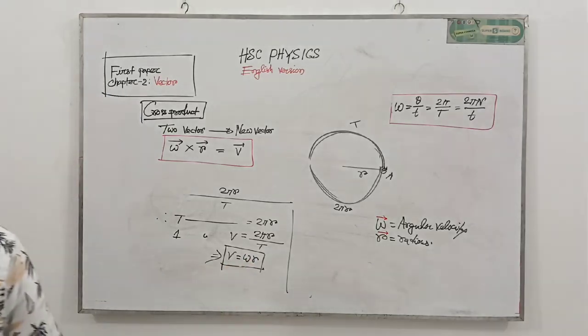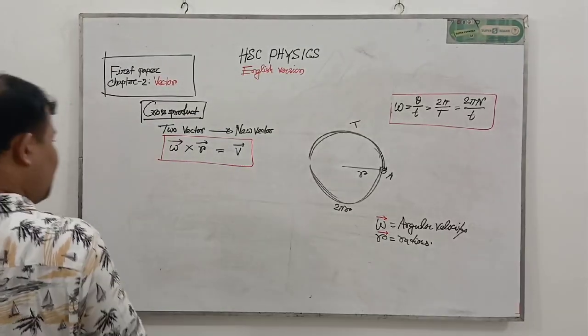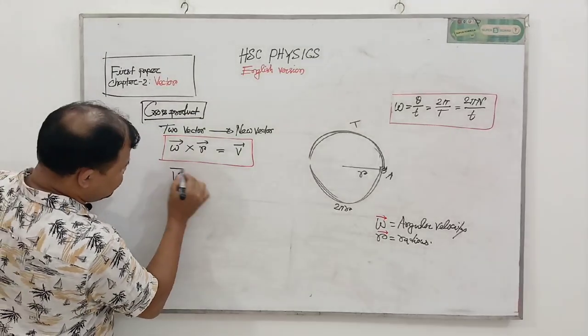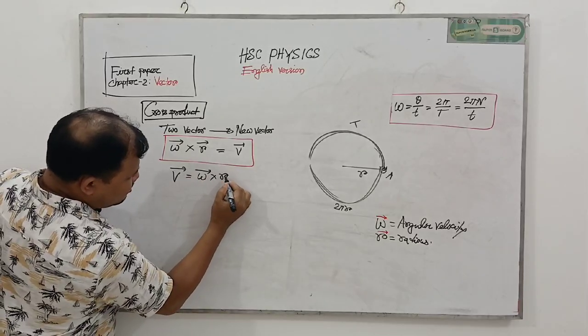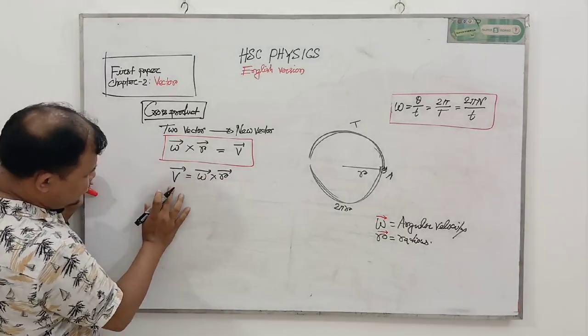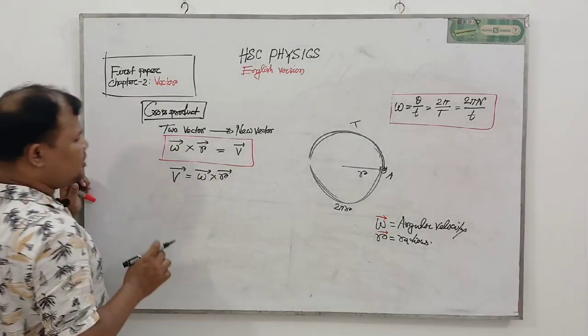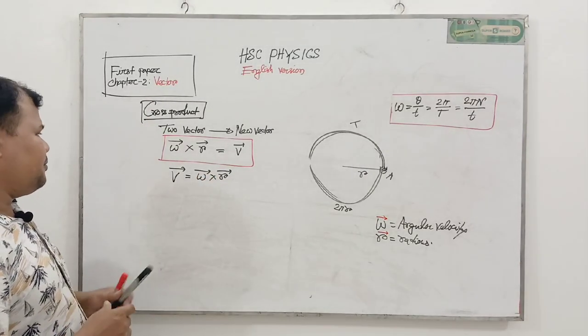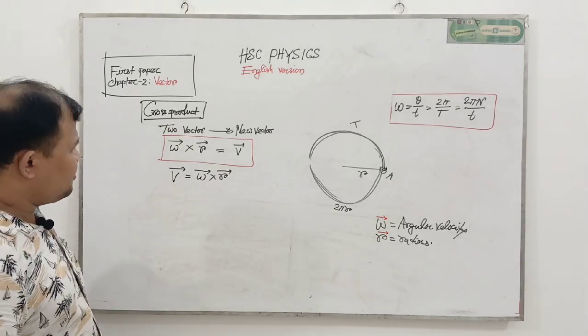My dear student, I think all of you clearly understand this notation. In your books this notation is given. You just see v; we can write the vector v, the linear velocity, is equal to omega cross r. The cross product of angular velocity and radius vector is called linear velocity, okay.